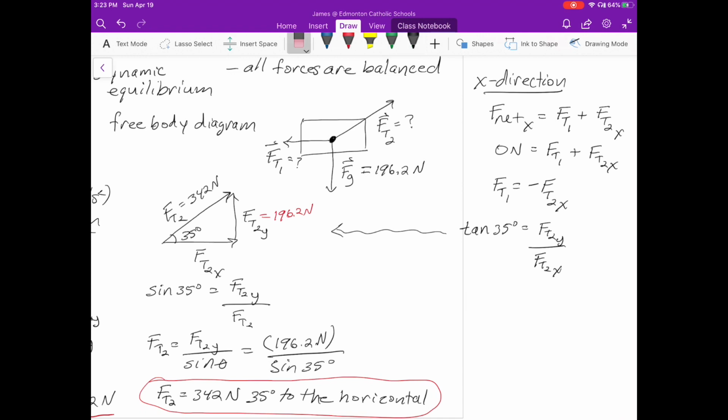Ft2, so the x component of tension 2 is the y component divided by the tangent of 35 degrees.